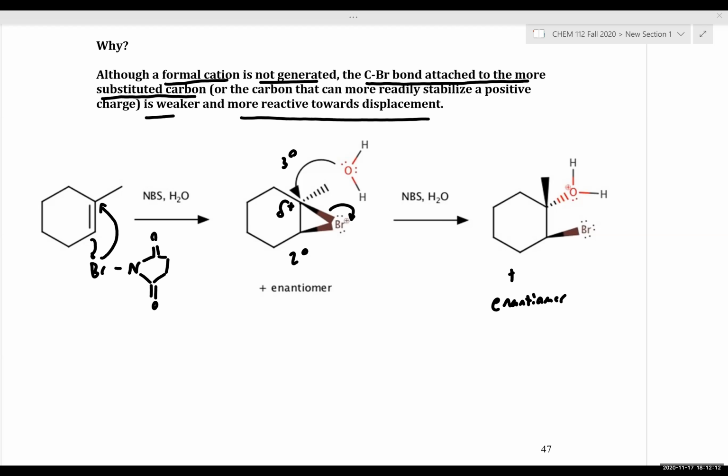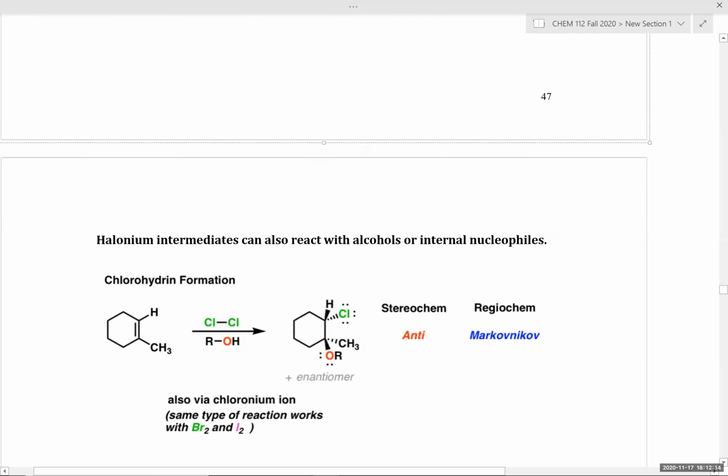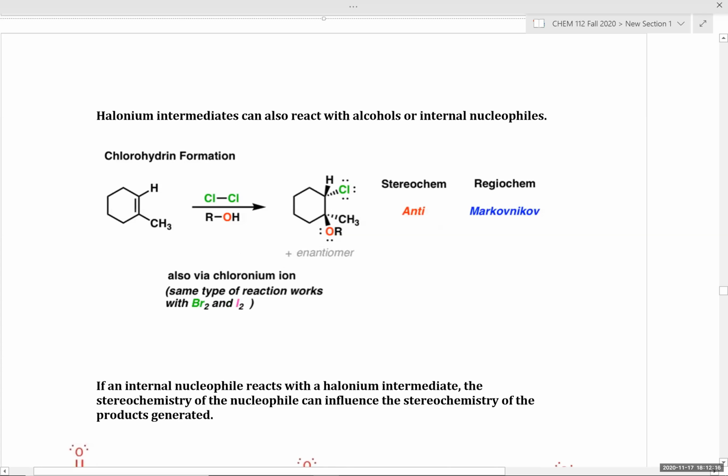Okay, so let's keep going now. And you can just as easily intercept a halonium intermediate with alcohols or other internal nucleophiles. So again, in this case, if we treat with chlorine, we're going through a chloronium ion. So just to showcase that.